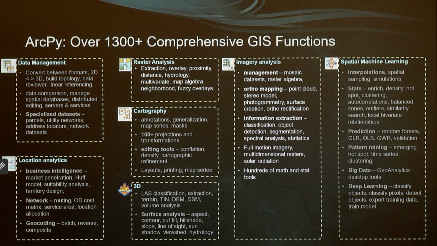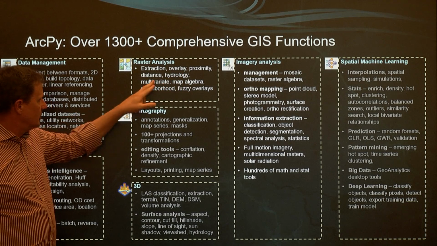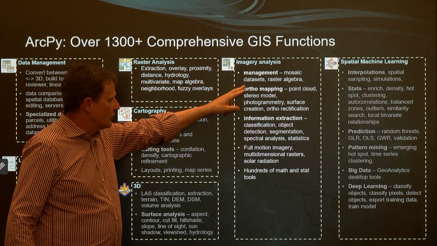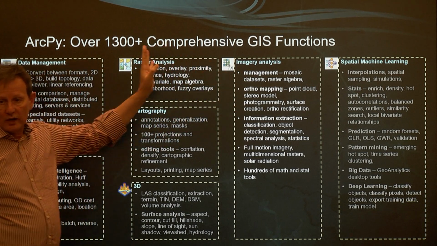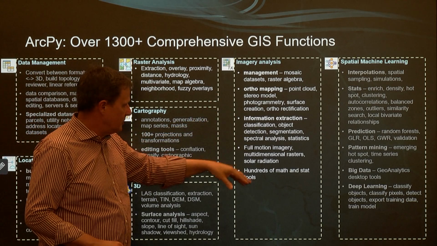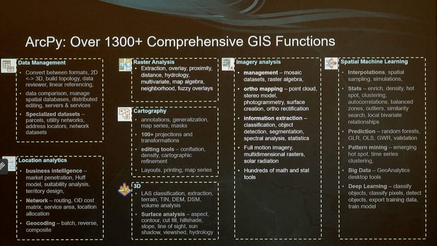If you want to do typical GIS jobs like raster overlay, proximity analysis, distance analysis, the hydrological toolset, the ortho mapping tools, classification, object detection, you name it, all the things that are in there can be done through code, down to the level of a single raster object.